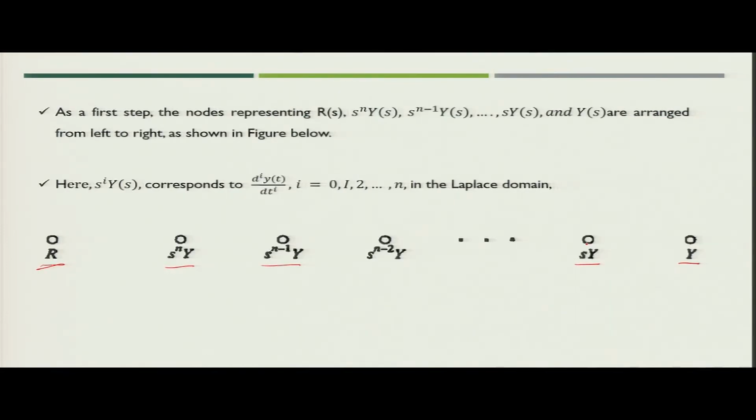So, what is s^i Y(s)? The ith order differential component, that is d^i y by dt^i, is nothing but s^i Y. So, for the nth order component we have written s^n Y. Now, we have defined the nodes.